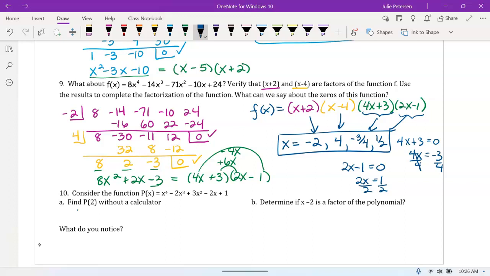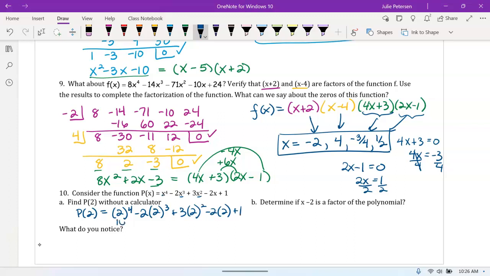So p of 2 equals 2 to the 4th minus 2 times 2 cubed, because I'm just plugging in for each of these x's, plus 3 times 2 squared, minus 2 times 2, plus 1. So we just have to do some arithmetic.